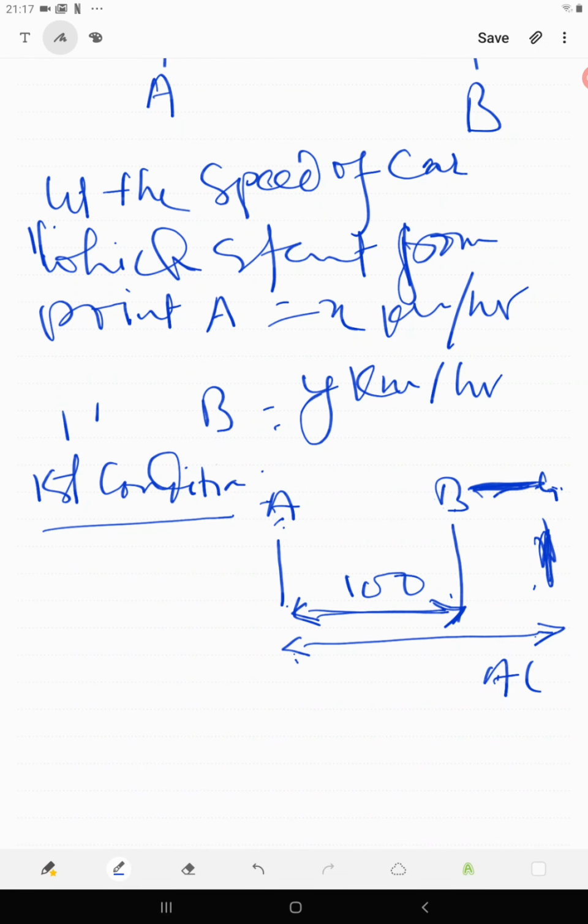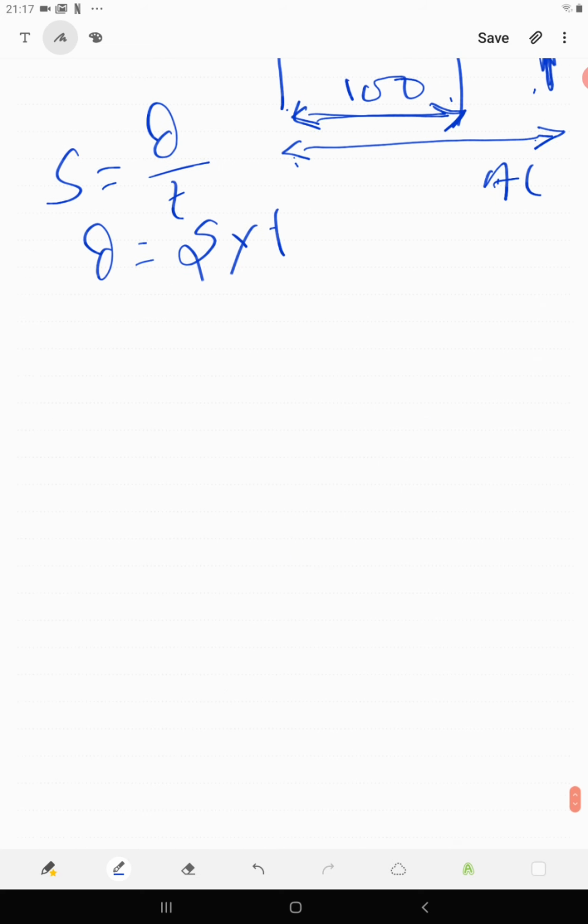The AC distance will be, since the speed is x kilometer per hour and time is 5, the distance is 5x. So car A travels 5x kilometer.